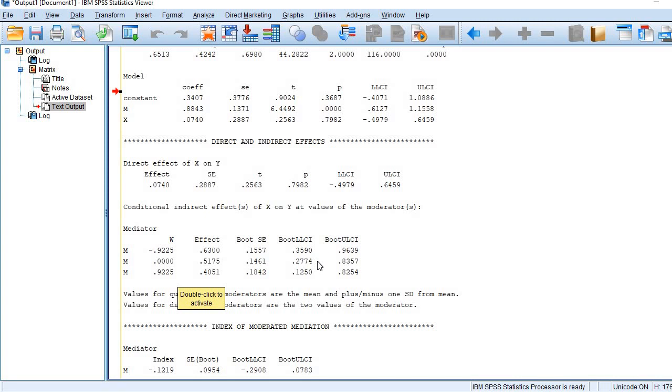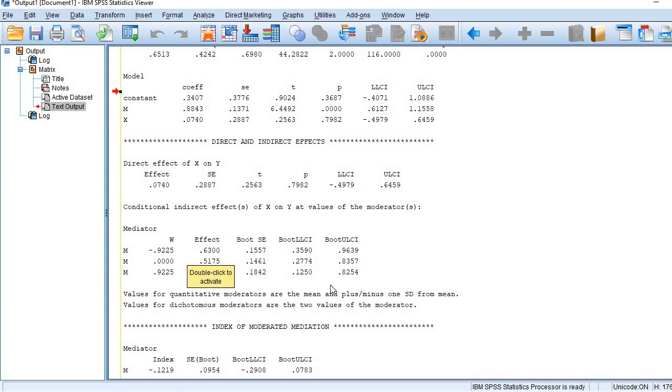At the average or medium level also it is significant because both are positive and zero is not falling in between. The same is the case with the high values also.